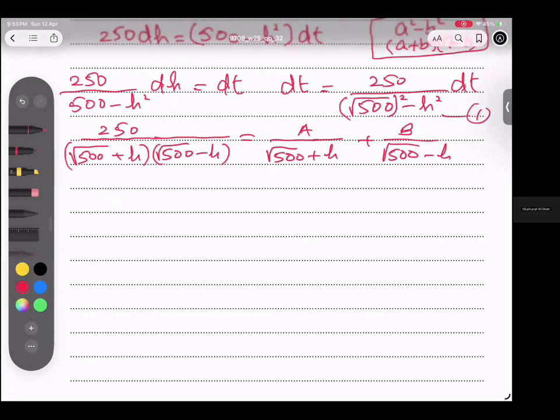So after this, what to do, students? Partial fraction: I multiply the whole equation with 250. So this will cancel out, and this stays beside a. This cancels with that, and this stays beside b.